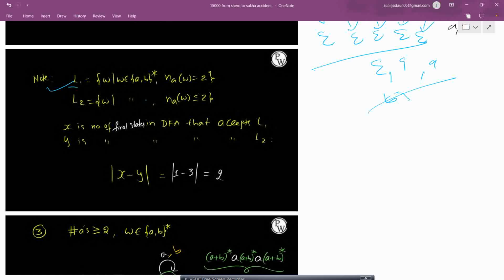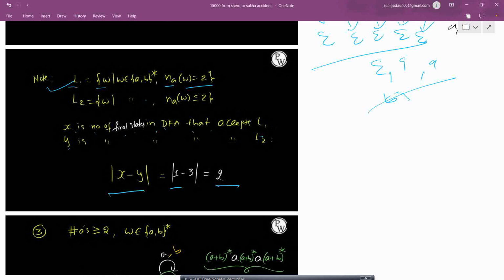What about this? L is equal to {W | W belongs to this, number of A is equal to 2}. And if the number of A is less than or equal to 2, at least 2, at most 2. X is the number of final states in DFA that accepts L1 and Y is the number of states in DFA that accepts L2, then X minus Y is equal to 1 minus 3, which is 2.